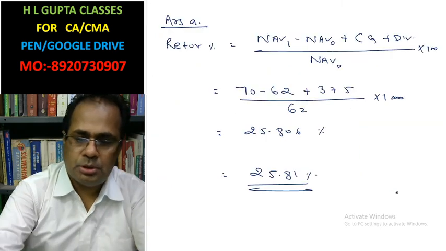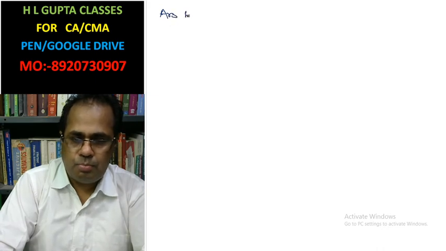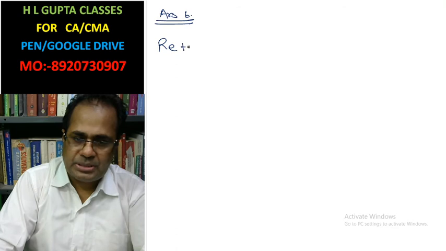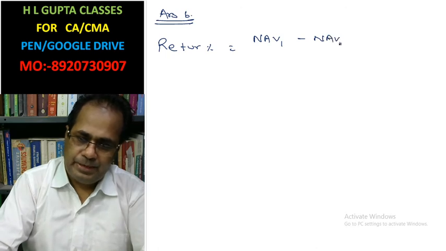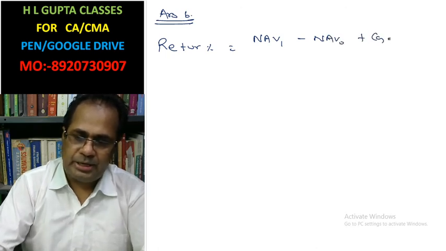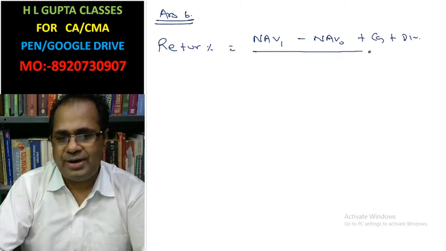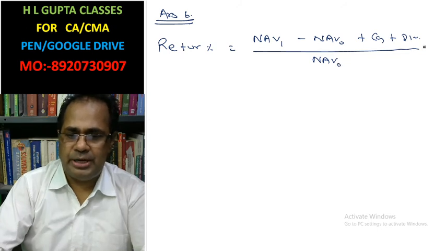The answer of the second part: return percentage equals net asset value 1 minus net asset value 0 plus capital gain distribution plus dividend, whole divided by net asset value 0, into 100.